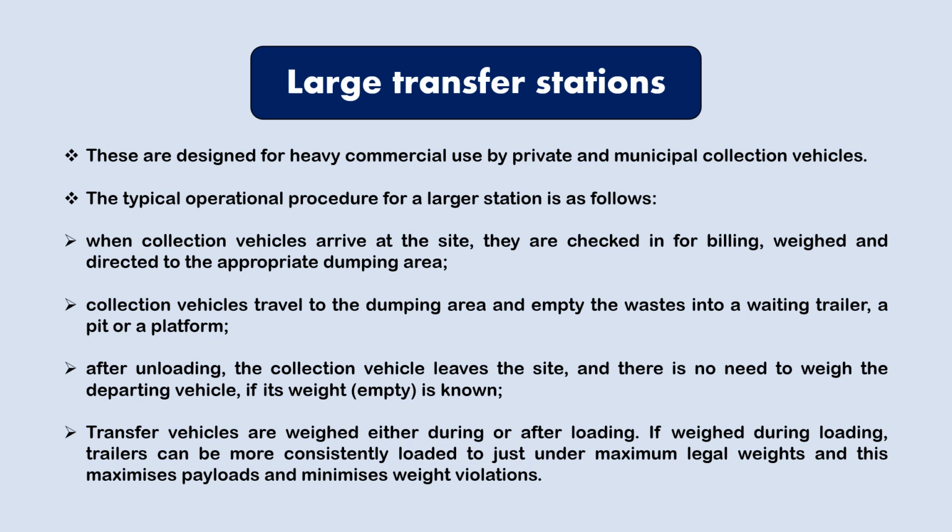Then the wastes are dumped, and the trailer unloads the waste and goes away from the site. And then the transfer vehicles are weighed after loading, so that they have the maximum legal weight for carrying, and then this waste is dumped in the disposal site.